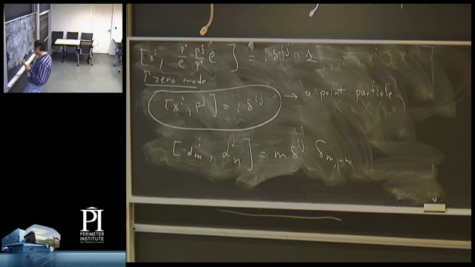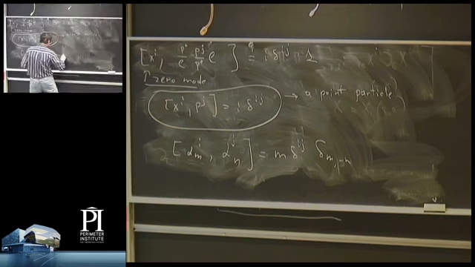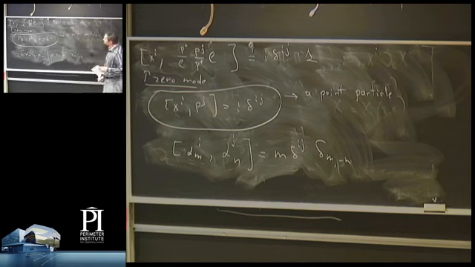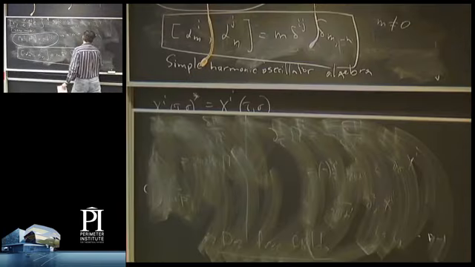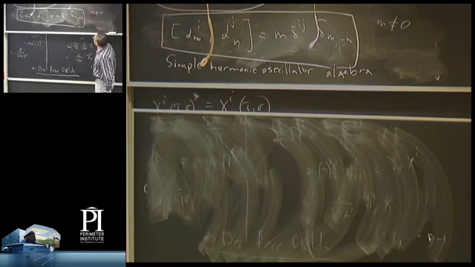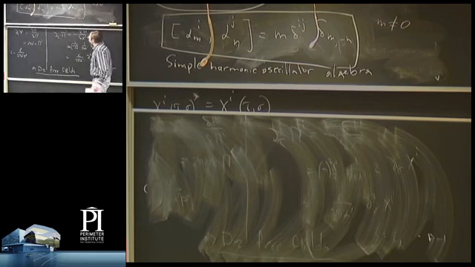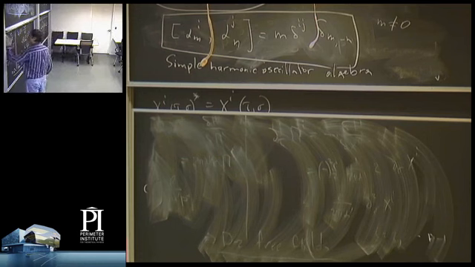I have alpha m I and alpha j m equal m delta I j delta m minus m, where m is not equal to zero. Good.